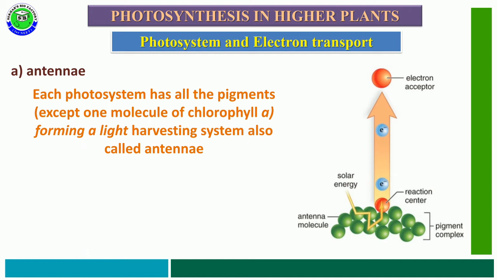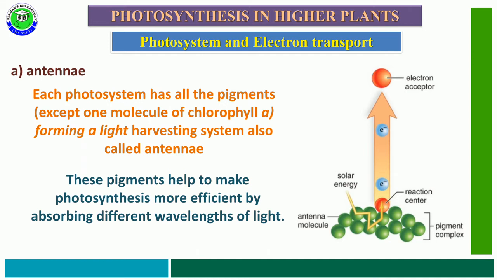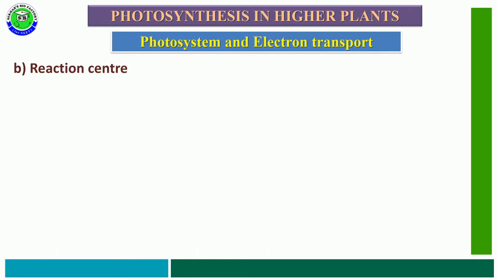The pigments present in the antennae help make photosynthesis more efficient by absorbing different wavelengths of light.